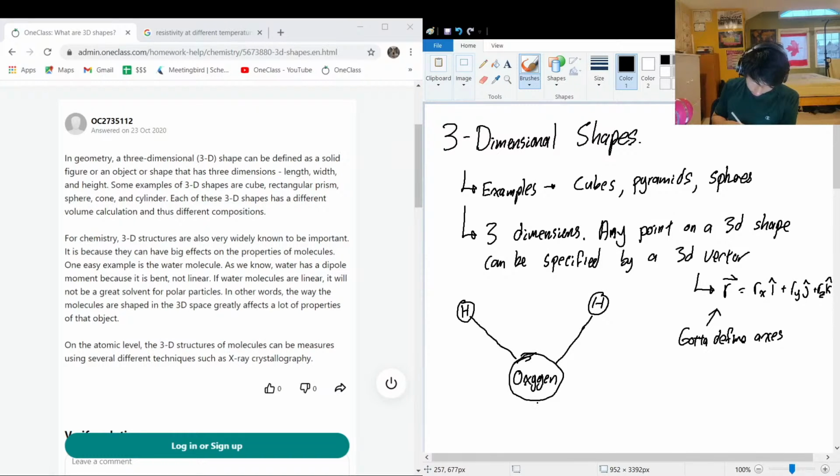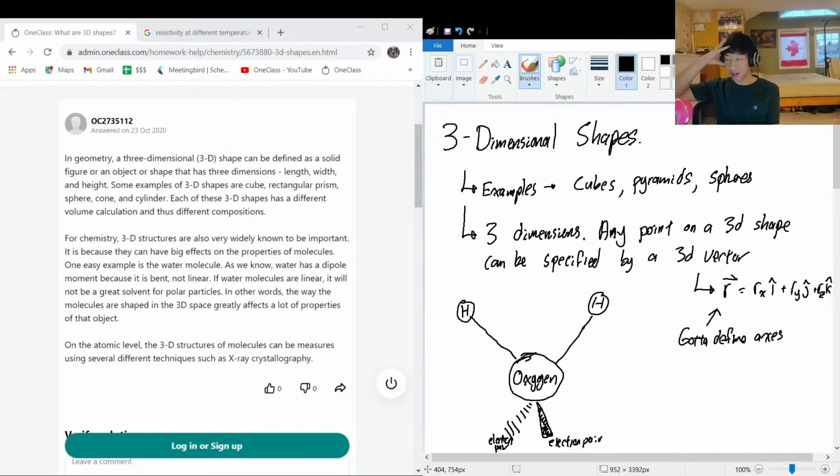One way that you can draw this is coming forward is triangular like this, and going away is lines like that, and this would be just an electron pair, electron pair. So the shape of water is like this.